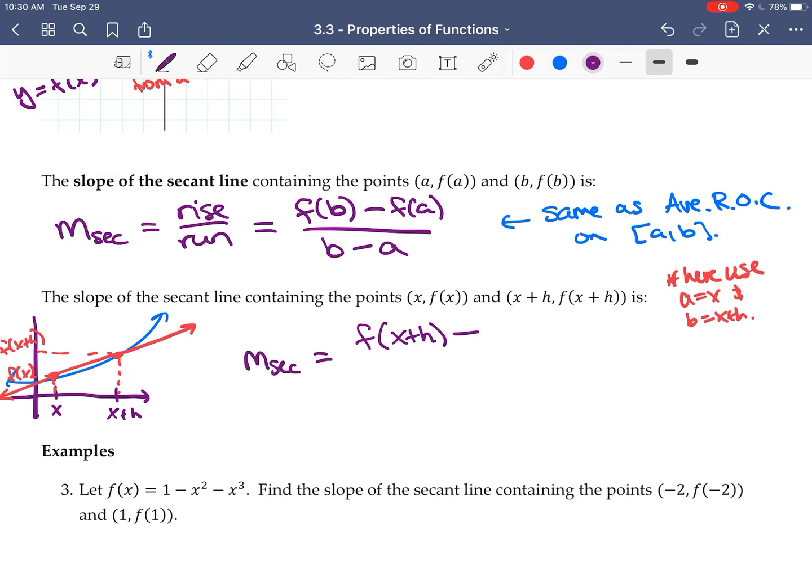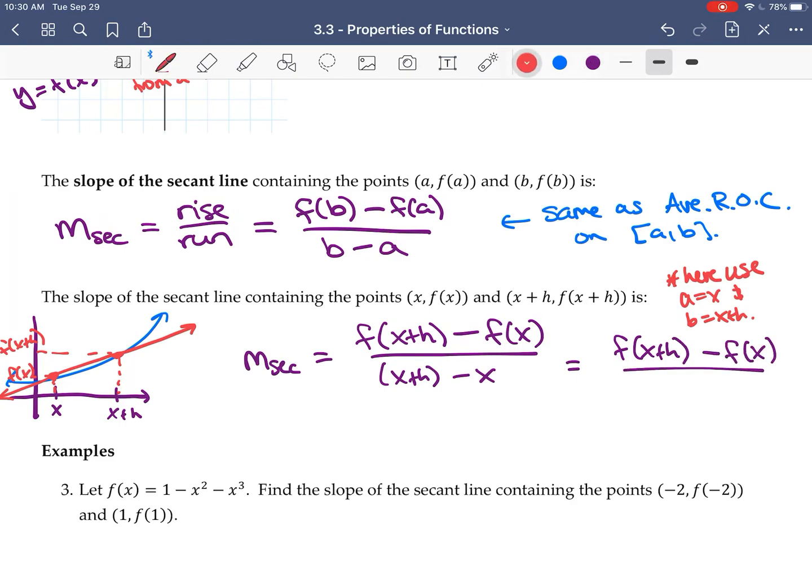So it's going to be f of x plus h minus f of x over x plus h minus x. So that actually simplifies to f of x plus h minus f of x all over, now on the bottom, the x and the minus x are going to cancel, and I'm just going to get the h. Now, we've seen this before, right? This is the difference quotient.